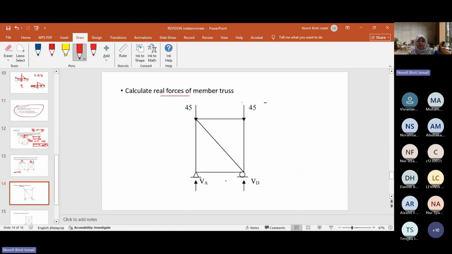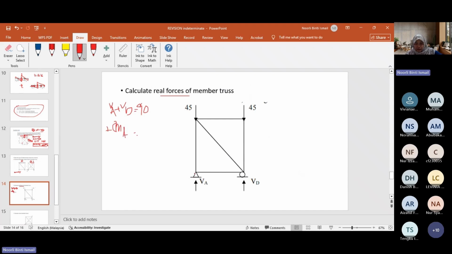So same steps, we find the member forces of the truss. So VA plus VB, we assume outwards, and then the total load is 90. So we take the moment at A, and we assume clockwise is positive.